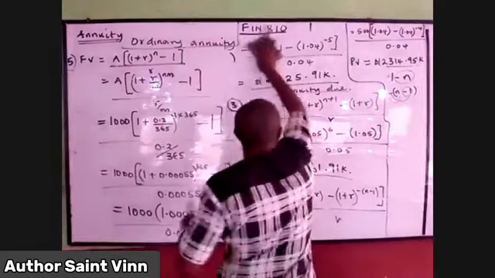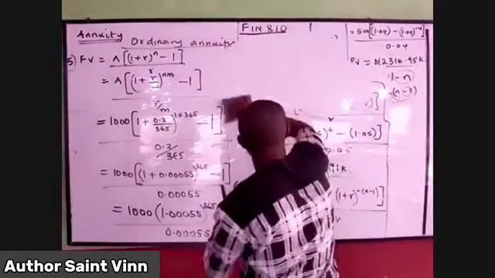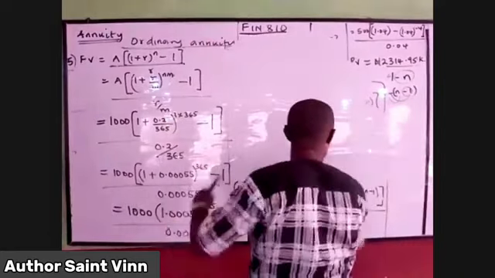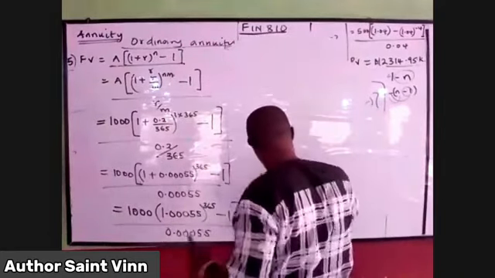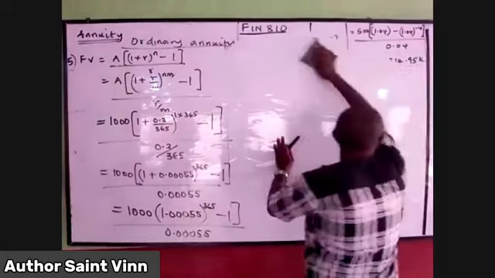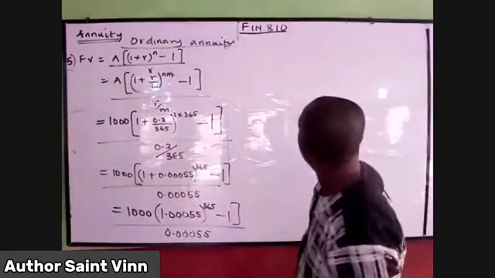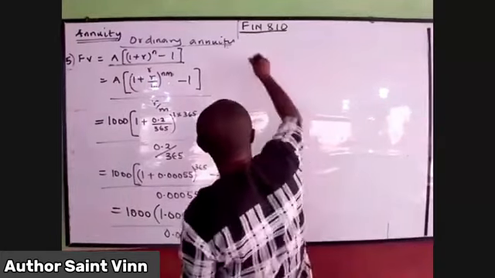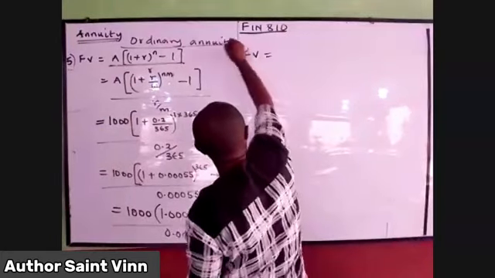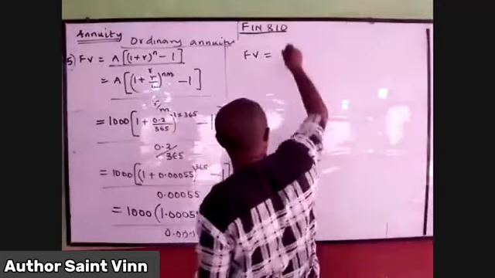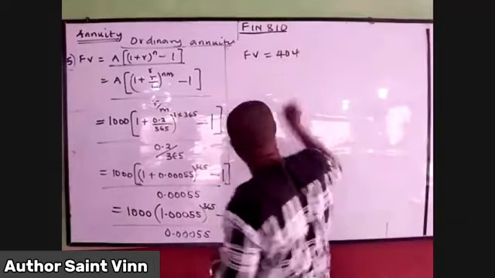From all indication, our future value of this ordinary annuity will give us 404.